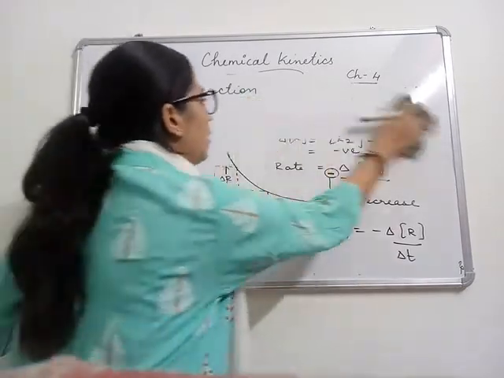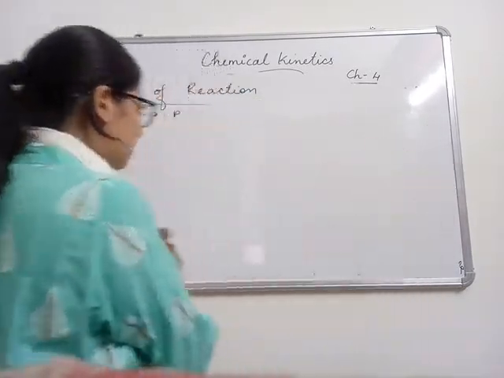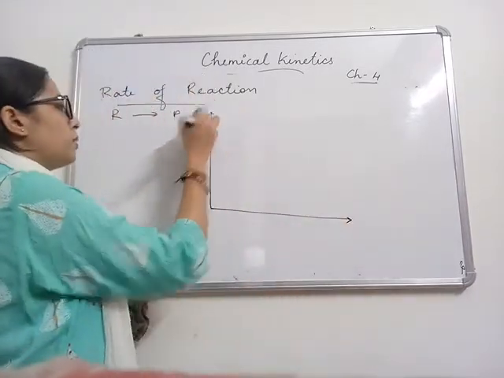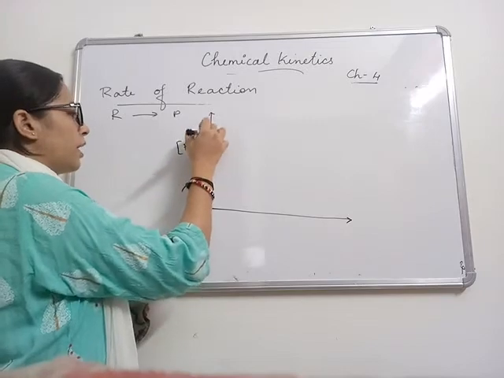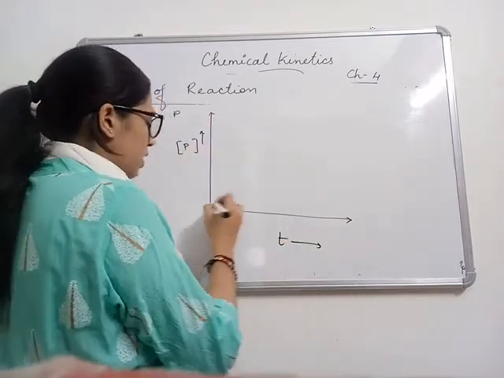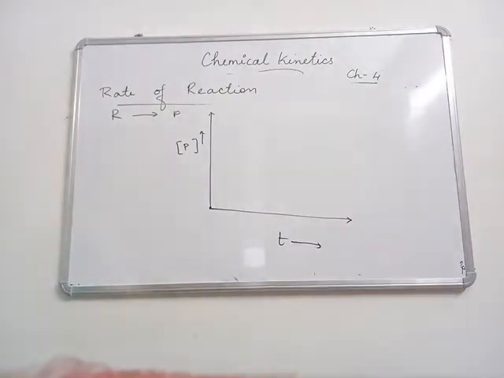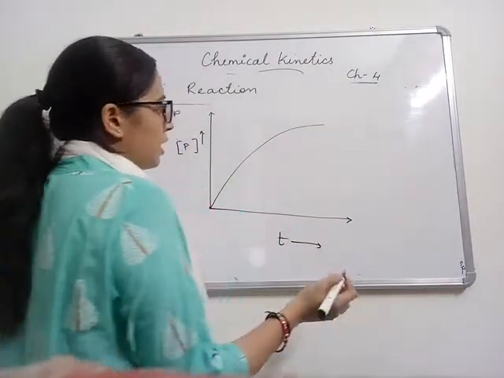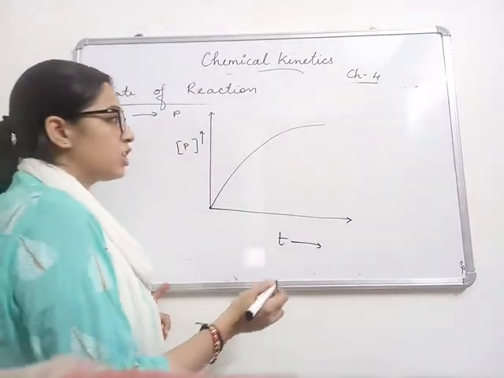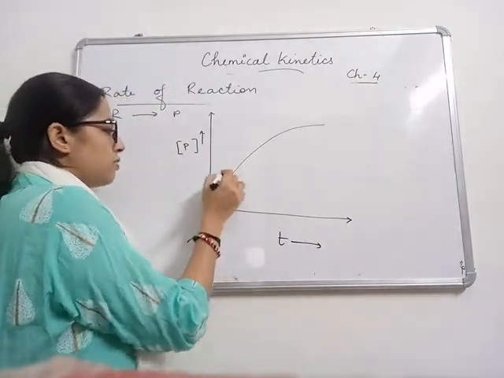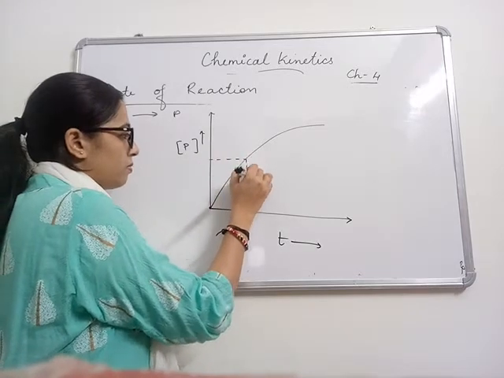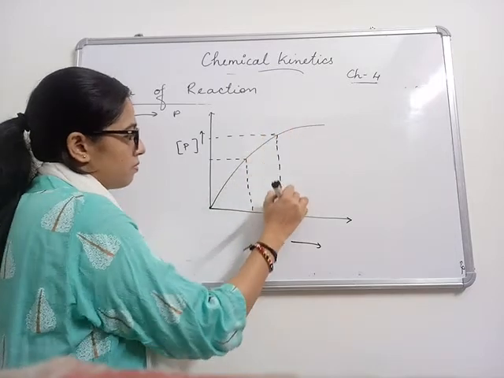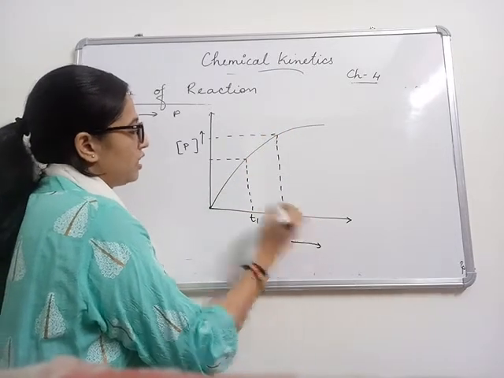Now we shall make a graph for the product and find the rate. With respect to the product, we will plot the concentration of the product with respect to time. Initially the product is not there, you have only reactant. But as the time progresses, the amount will increase and it will become constant. So this is the nature of the graph that you get. So let this be T1, T2.